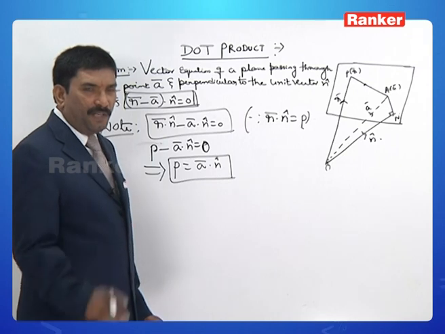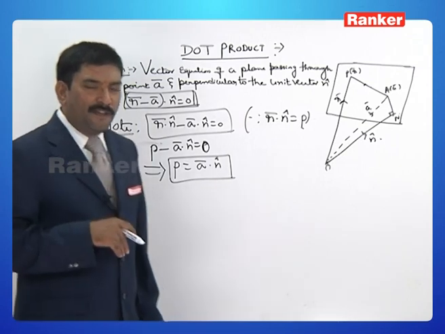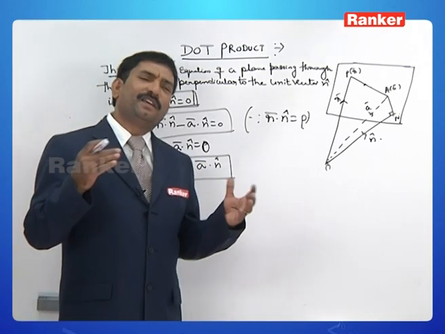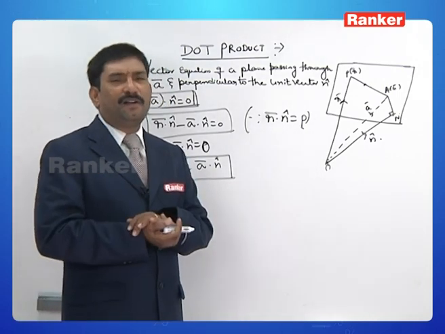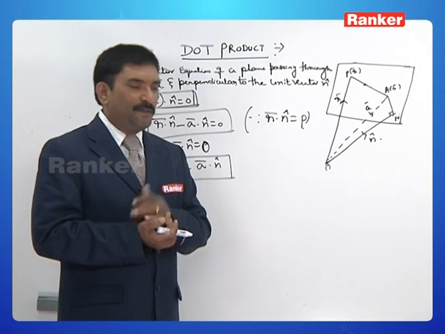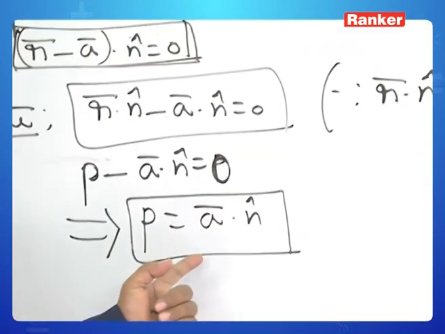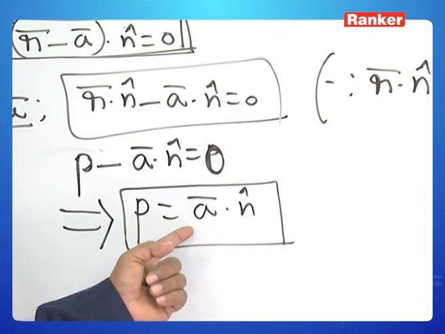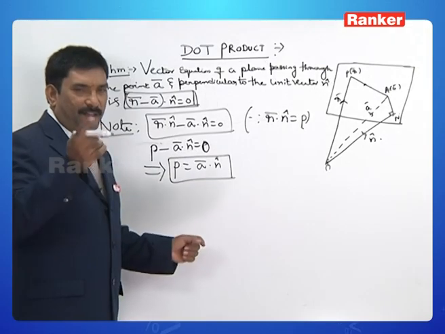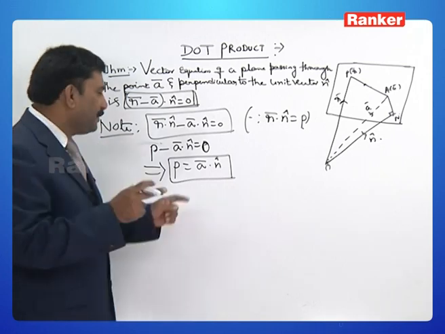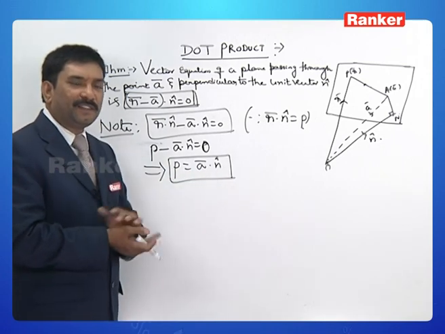So you see, a very surprising thing here. Always we take the dot product between two vectors, whereas in this theorem, a very surprising thing: A bar is a point and N cap is a unit vector. You are taking the dot product between the point and a unit vector.